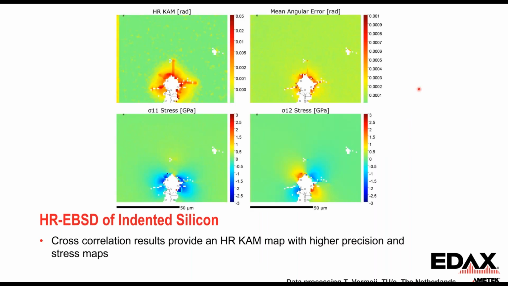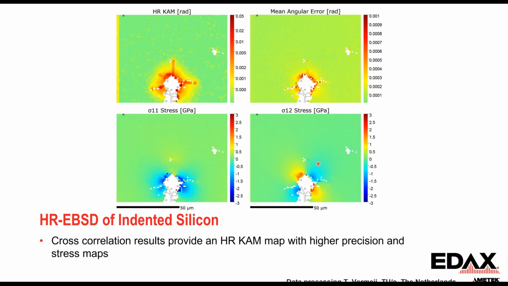This is just an example for that same indent material. We're looking now at a high resolution CAM map, so we can see it filters out noise. We see this with a little higher precision, but we can also start picking out stresses and strains in different components of the tensors.